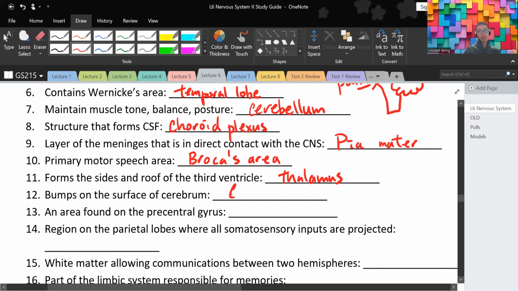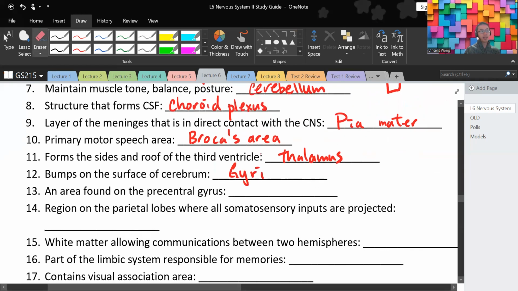Any bumps, we call that gyri. Gyrus for singular, R-U-S. Gyri is the plural. An area found on the precentral gyrus, that is the primary motor cortex.